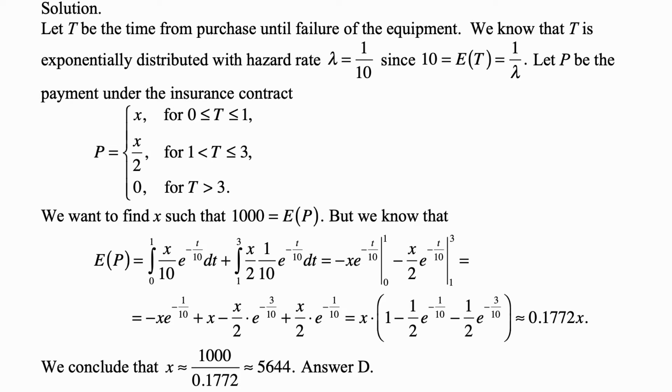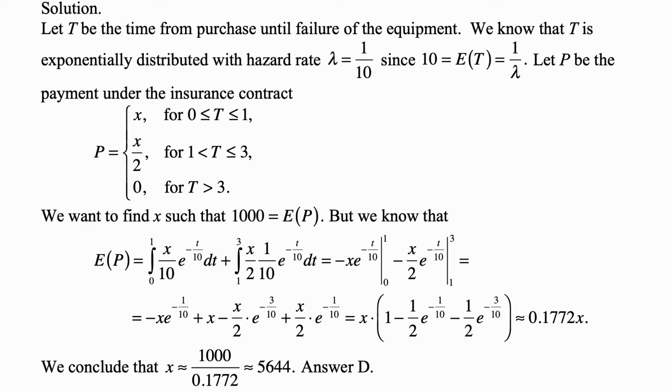And then the second is a very similar thing. It's X over 2 instead of X, but otherwise it's the same type of function we're integrating. So it's minus X over 2 e to the minus t over 10, evaluated from 1 to 3. The value at 3 is minus X over 2 times e to the minus 3 over 10. And we're subtracting the value at 1, which has a minus in front, so minus minus cancel and become plus X over 2 times e to the minus 1 over 10.